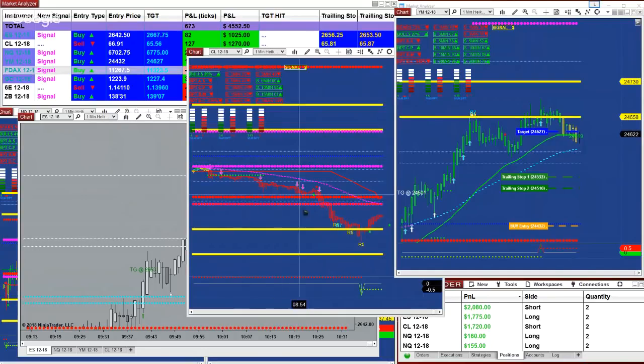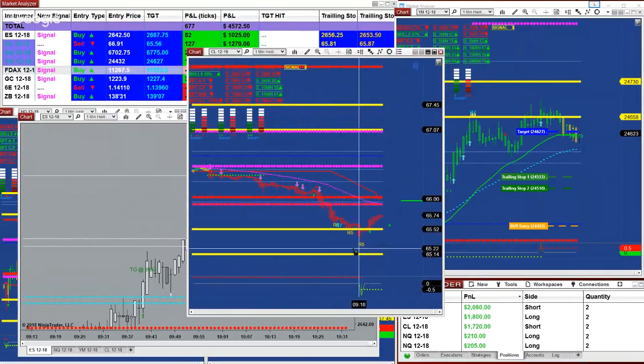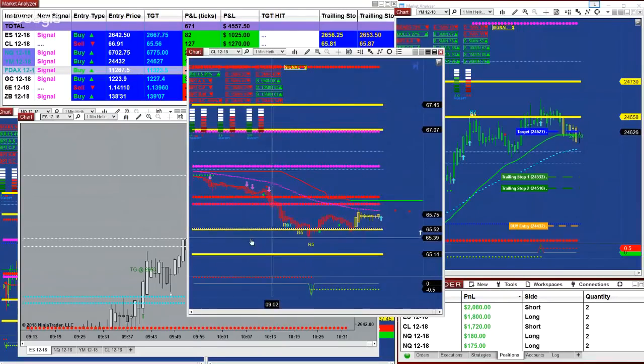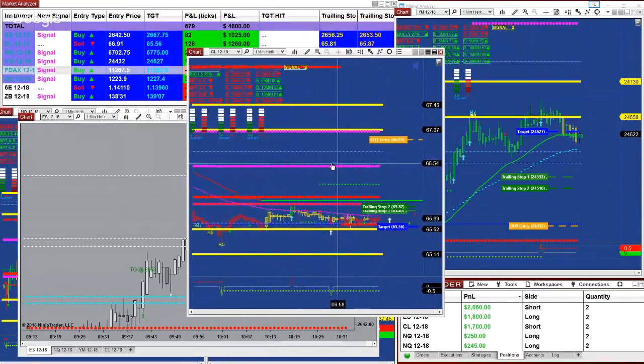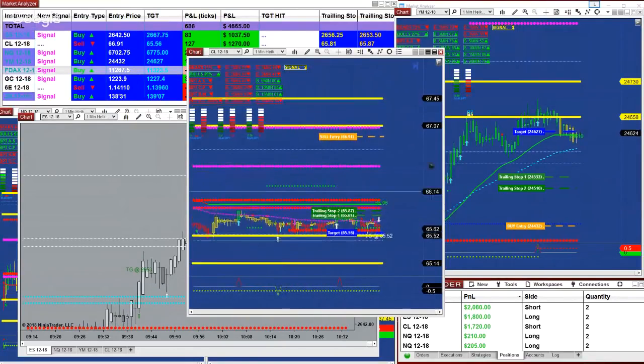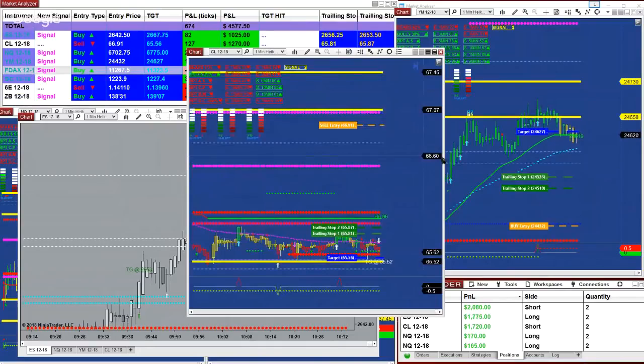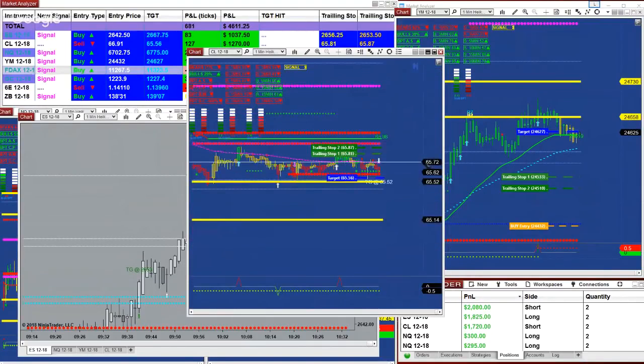So it hit between those two yellow lines and it gave you a reversal. And now it's stuck in this area. There is nothing we can do anymore. It hit the target and you are in the critical area. So there is no more trade on the CL.